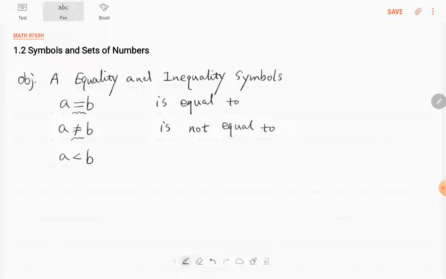A is less than B. So this symbol means is less than. Of course, we also have greater than. So this symbol means is greater than.